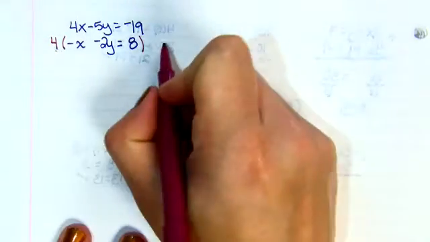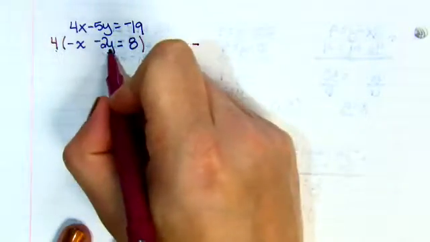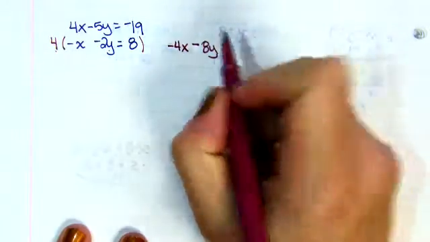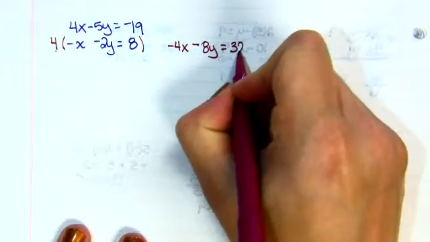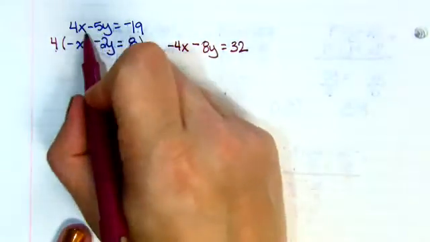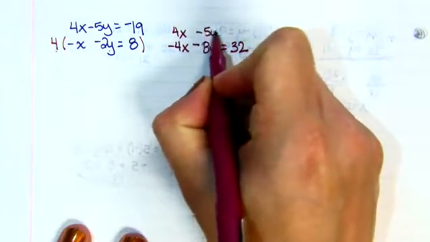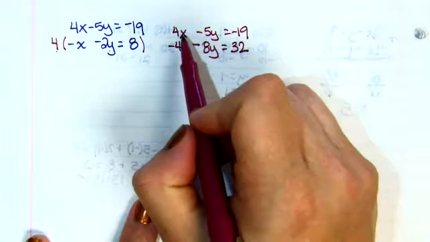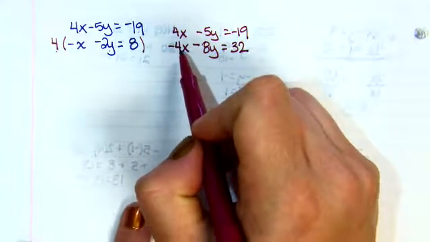So 4 times negative x is negative 4x, minus 4 times 2y is 8y. And don't forget to multiply this 8 by 4 as well. 4 times 8 is 32. My top equation stays exactly the same. 4x minus 5y equals negative 19. When I look at my coefficients, I see that I have a positive 4x and a negative 4x.